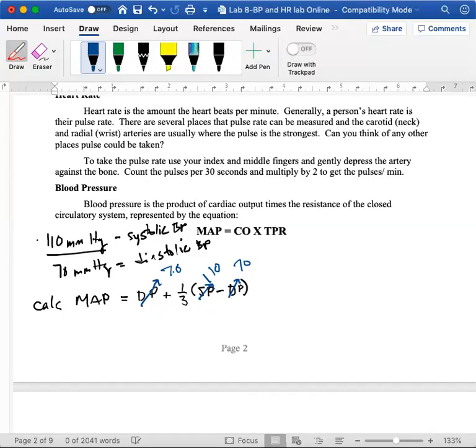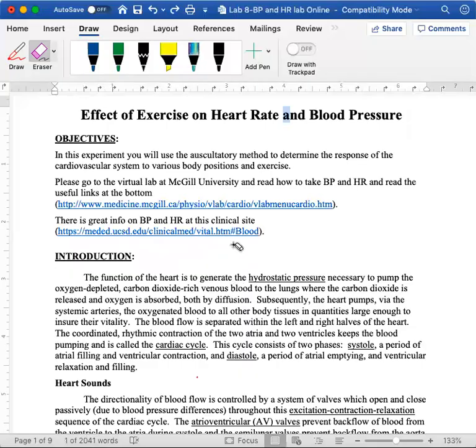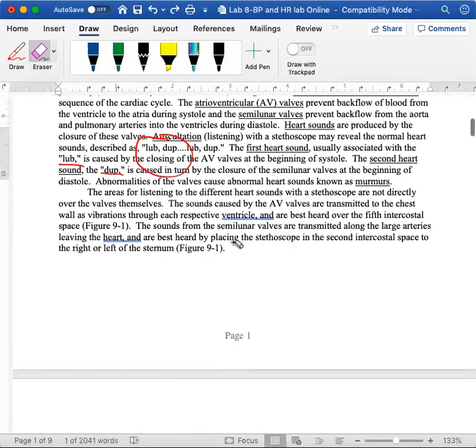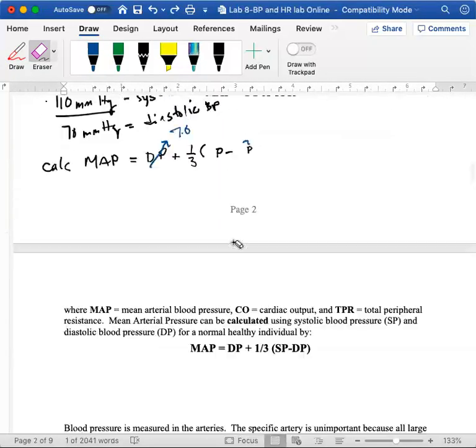So let's erase this. Sorry, you guys, I'm making a mess of it. Oh no, I totally lost it.